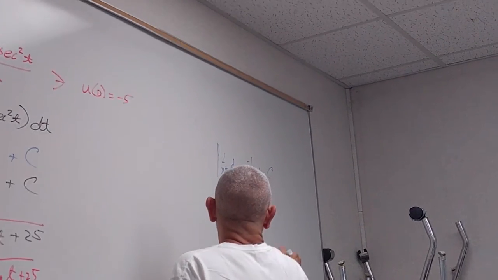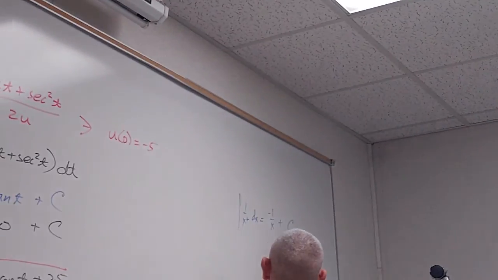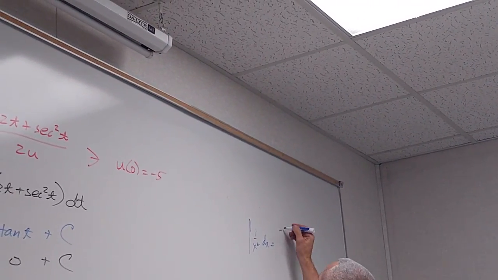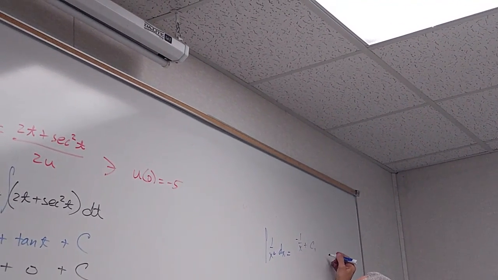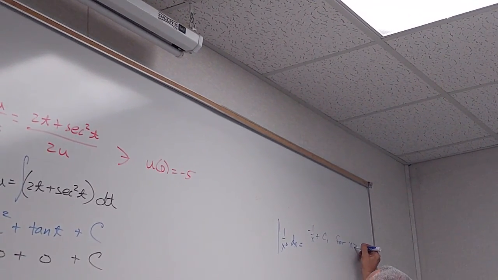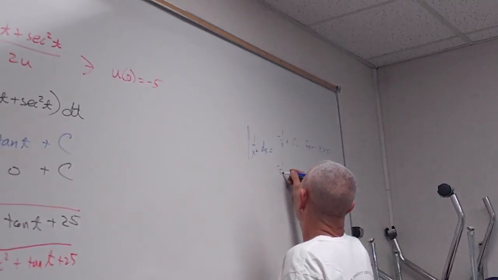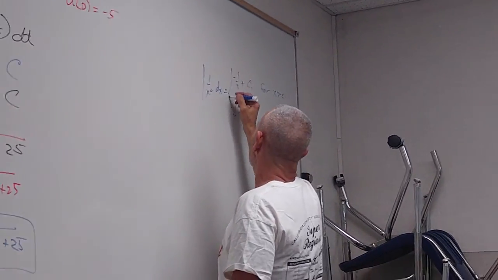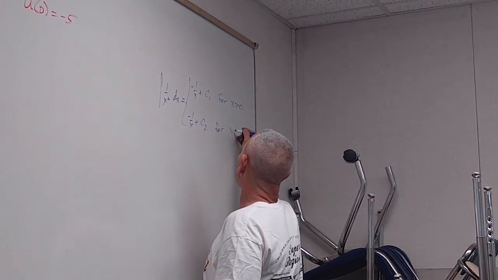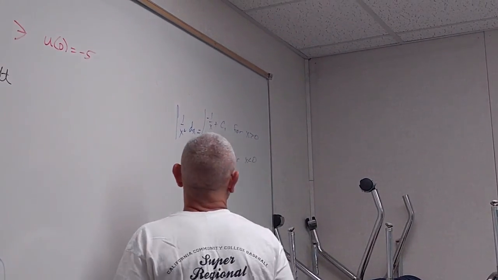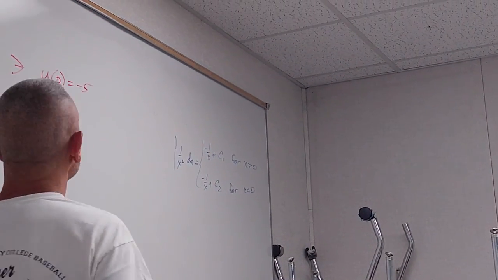Notice it doesn't exist at x equals 0, so really what I was supposed to write is minus 1 over x plus c1 when x is positive, but minus 1 over x plus a possibly different constant when x is negative. Well, that's kind of what they're doing here.